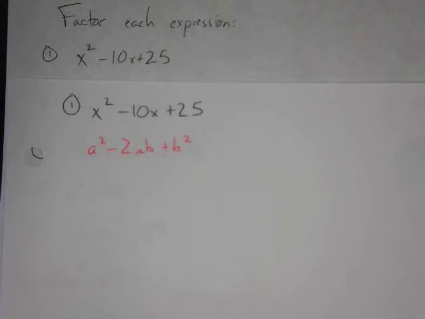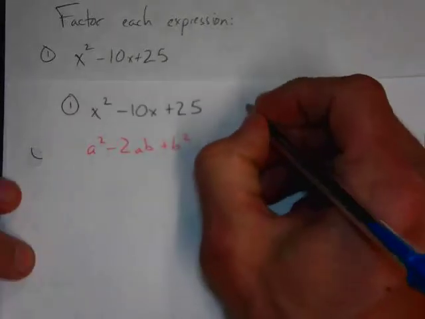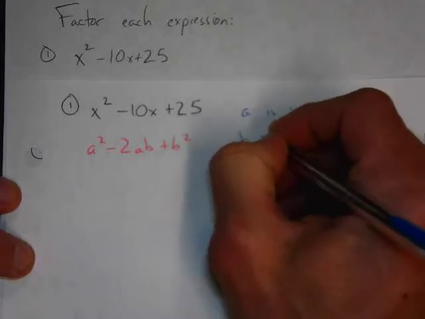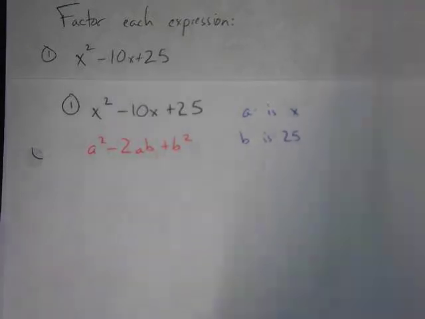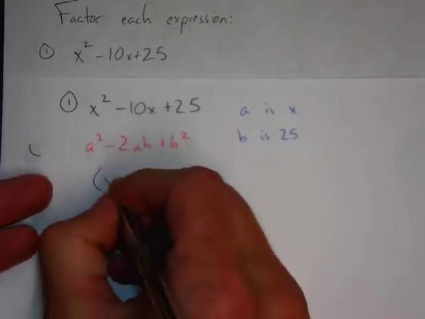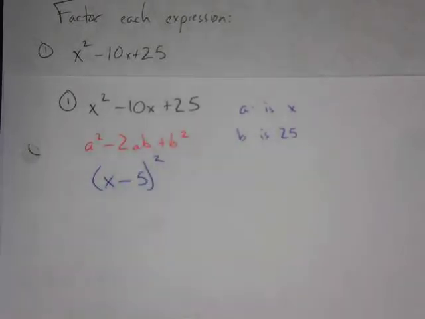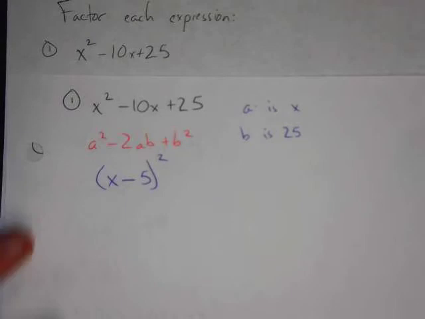It just so happens that a is x and b is 5. So we can recognize this as a special and easily factor super quick. It's just recognition.